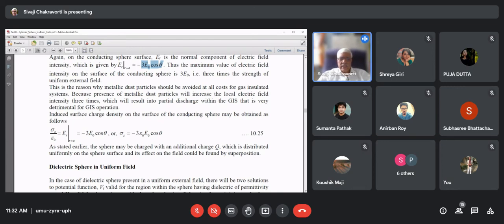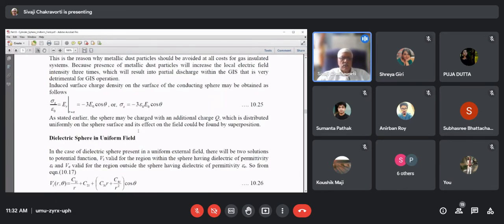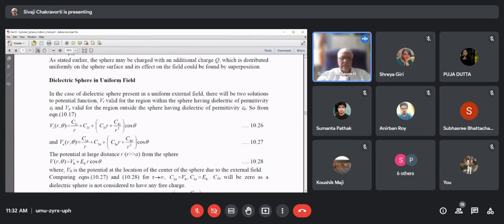Now, it could be a dielectric sphere in the uniform field. Now, you can ask me what is a dielectric sphere. The answer is very simple, that it could be a gas bubble in transformer oil, which is very, very common. But in the case of a dielectric sphere, there are two different dielectric medium.